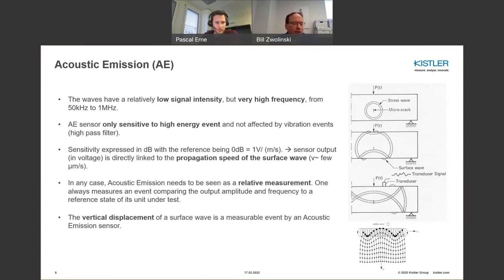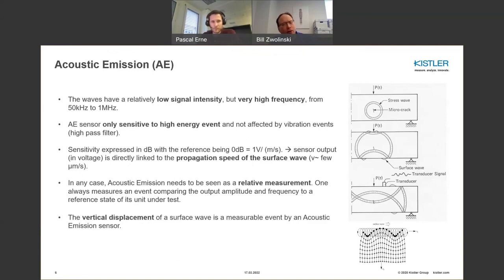But anyway, acoustic emission really is a relative measurement. So a lot of times what you're really trying to accomplish is you're saying, okay, what is the operation of my equipment when it's pristine, when it has no impact to it with any material defects or anything to do with material wear or so forth.